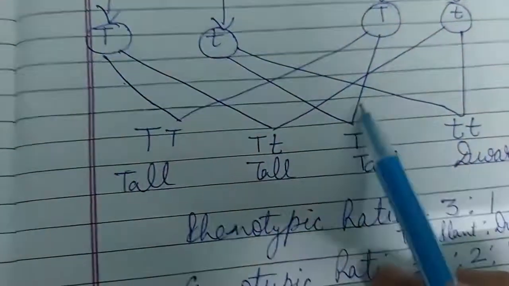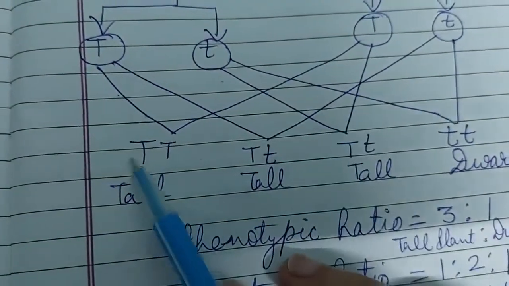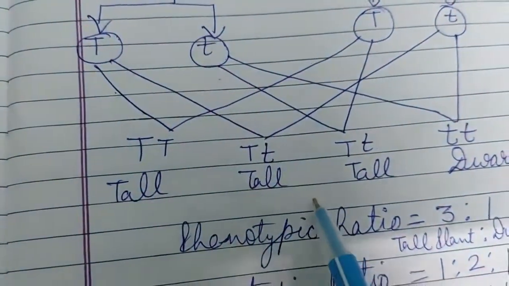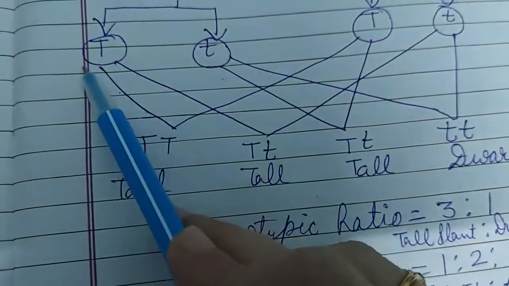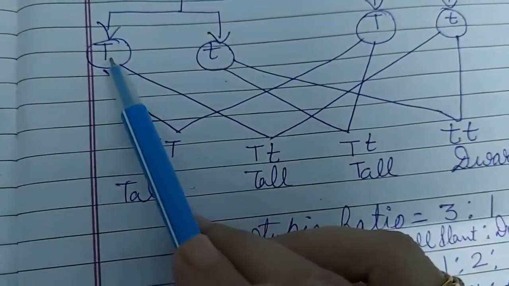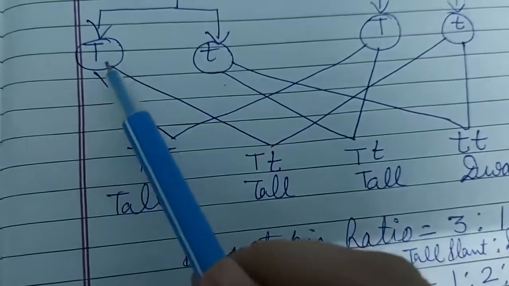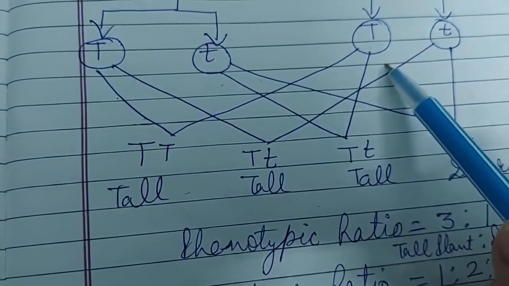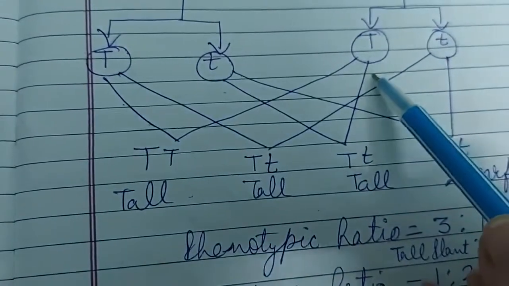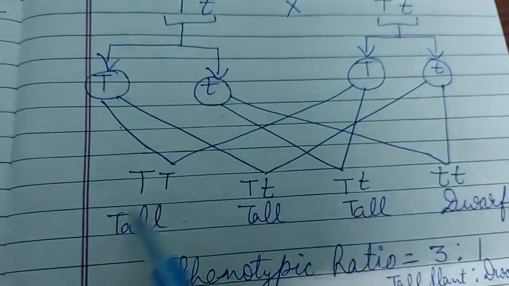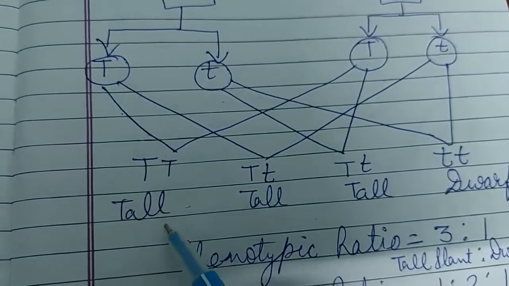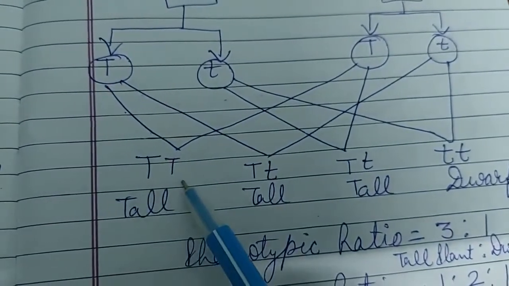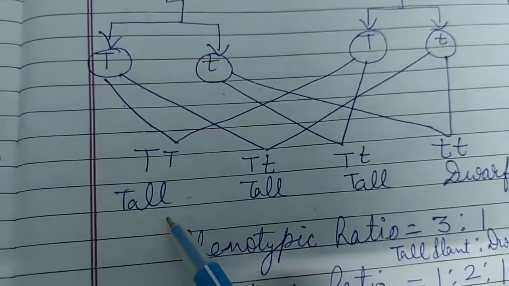And when we see its results, the result is also different. So what will be its results? When capital T of one gamete combines with capital T of mother's gamete, then the genotype and phenotype will be the same: capital T and capital T, dominant character, tall.